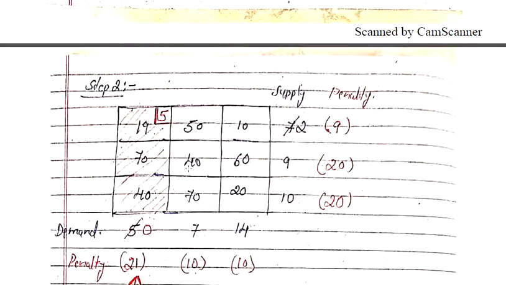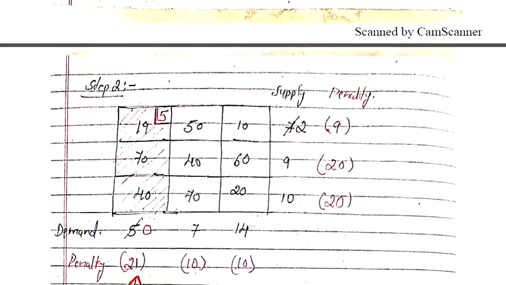Again here 70, 40 and 60, the minimum cost is 40, and the next nearest cost is 60, so the difference 60 minus 40 is 20. Again in the third row I have the minimum cost as 20, and the very next cost nearer to that is 40, so 40 minus 20 is my penalty.